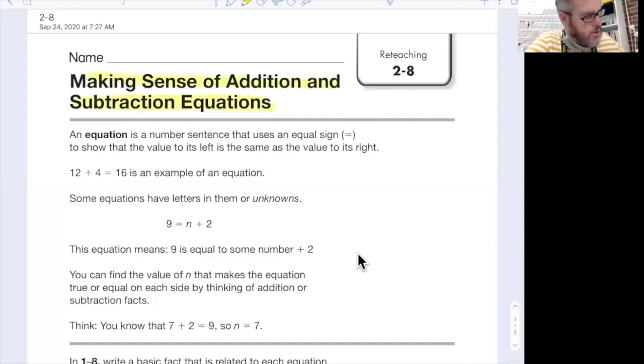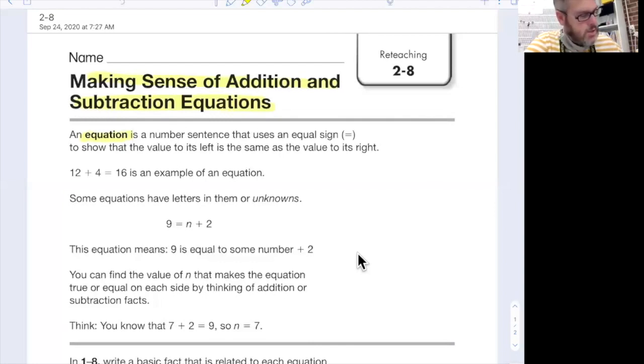Anytime you see a word that is bolded, it's important, and that is when you need to really remember what that word means. An equation is a number sentence that uses an equal sign to show that the value to its left is the same as the value to its right.